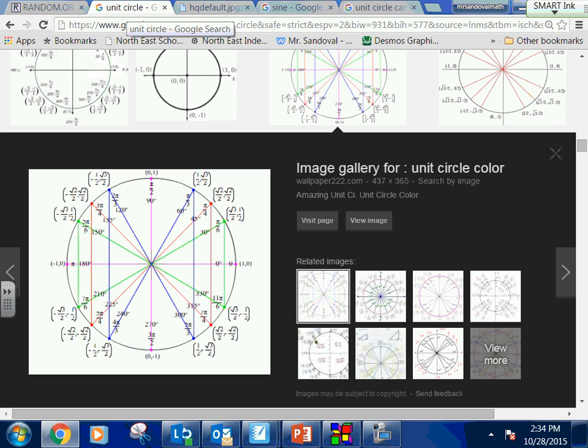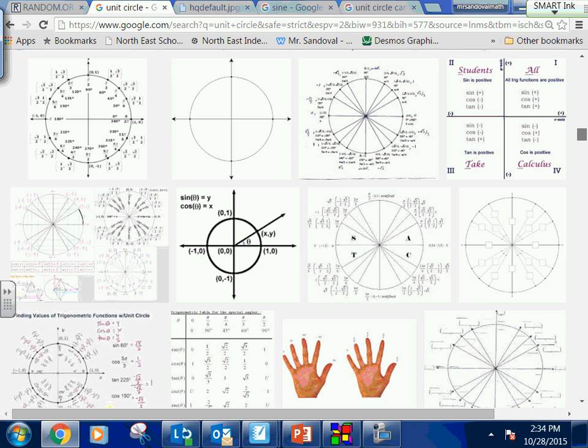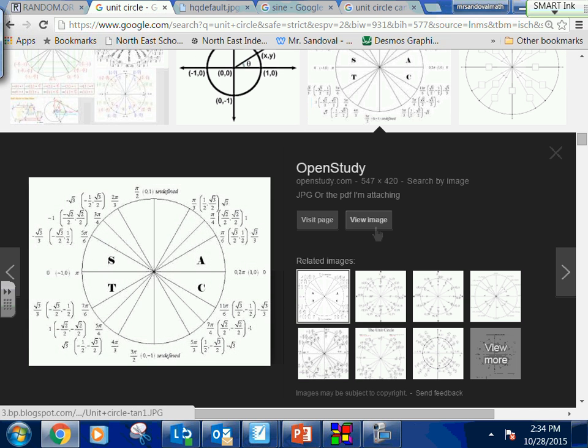I didn't have you do this, but had I had you write the tangent values, and there might be one up here, let's see if we can find a tangent one on the unit circle. Right here. This is the tangent value. Y'all see these numbers on the outside right here? Those are the tangent values. I had you find those manually, but had I expected you to write them down, guess what would happen?